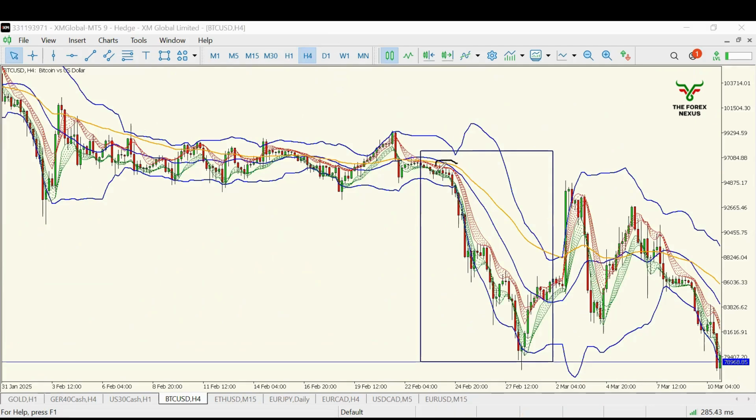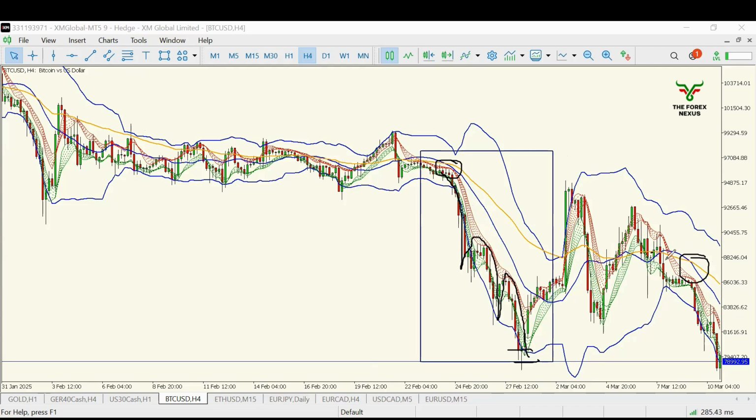Also ZZL is found here. So on daily and on H4 market dropped, first re-entry, never looked back, again re-entry, and then it dropped to the higher time frame zone. So now here you can see we got ZZL sell.